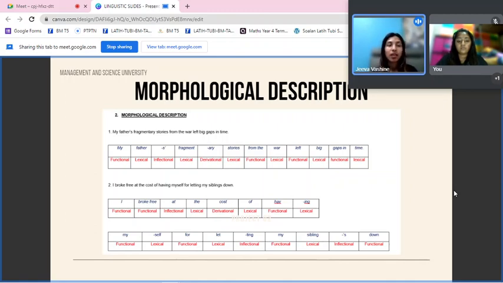Free morphemes can be divided into two categories, which are lexical morphemes and functional morphemes. The lexical morphemes are nouns, adjectives, and verbs, with example words such as boys, tiger, short. And functional morphemes are conjunctions, prepositions, articles, and pronouns.